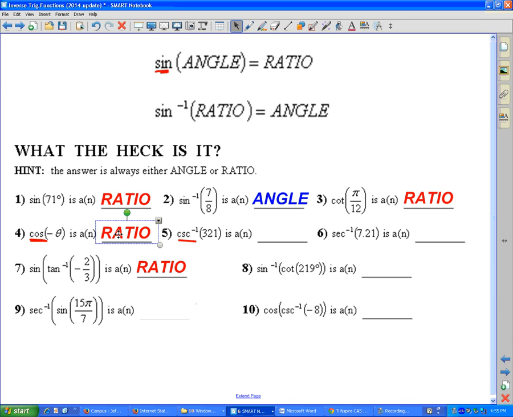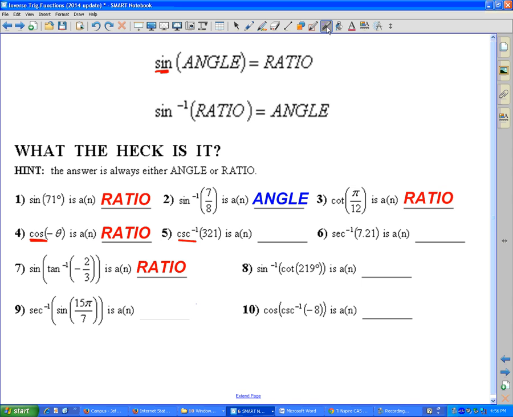Now, this looks a little more confusing though, because seriously, 321 doesn't look like a ratio. It looks like 321 degrees, except there clearly is not a degree sign on that value. It could be 321 radians, I suppose, except it can't be.